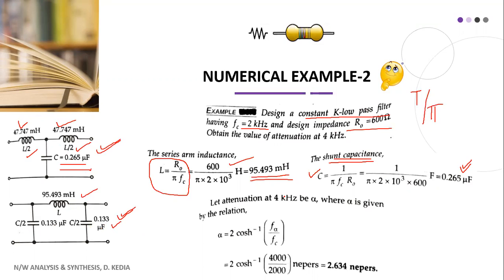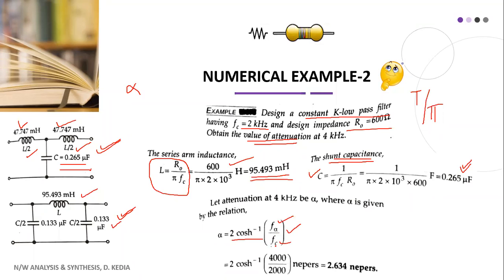Now we were given one more thing, and we need to find out the value of attenuation. And what is attenuation? I told you, alpha. Though I did not derive this expression exclusively, from the expression that I had shown you for propagation constant and attenuation constant, you can determine this expression very easily. So your alpha will be twice of cosh inverse of f by fc.